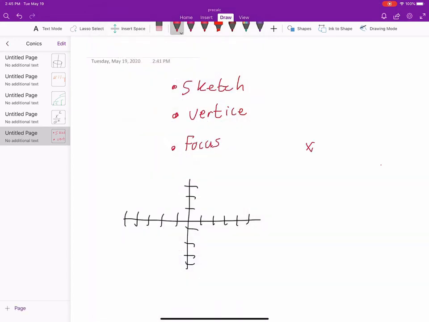So let's go with x squared over 9 minus y squared over 4 equals 1, and we're going to make a hyperbola out of that. So the center is at 0, 0. That's our standard equation. x squared is over 9, so I'm going to go 3 on the x in either direction. And I'm going to go 2 in the y because it's 4, and the square root of 4 is 2.